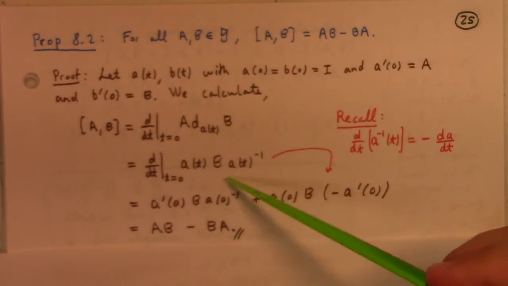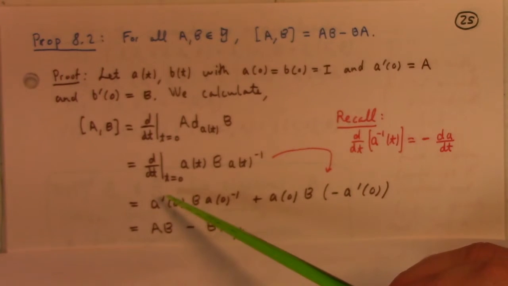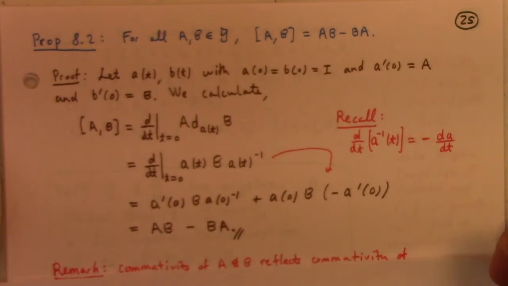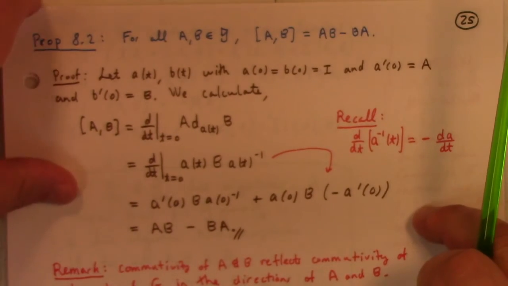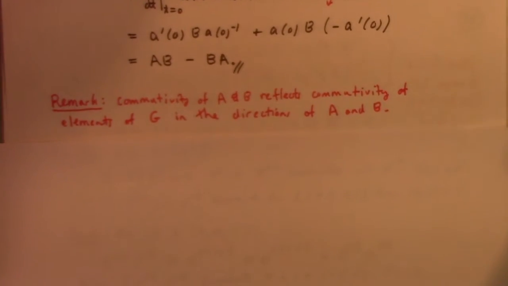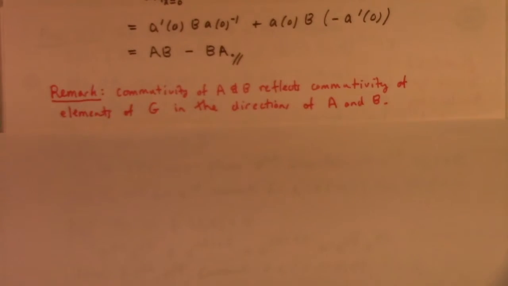Well, a inverse of 0, that's just I. But here we have big A and big A again, so we get AB minus BA, the commutator. So the Lie bracket is the commutator bracket. So the commutativity of A and B reflects the commutativity of elements of G in the directions of A and B.